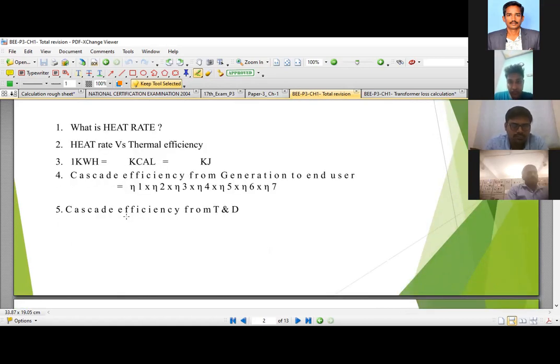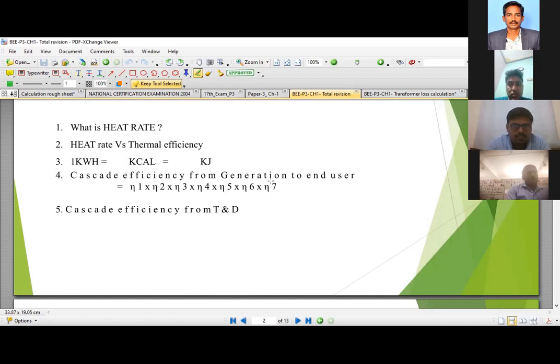Okay. Next, cascade efficiency. What is the cascade efficiency? What is the difference between generation to end user? Only the transmission, distribution. What is the difference? So, 1 mark. This is very important, 1 mark.